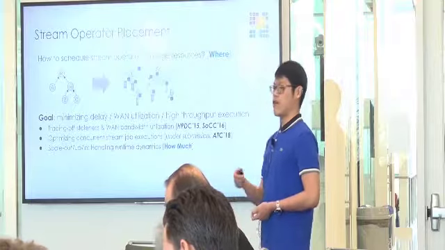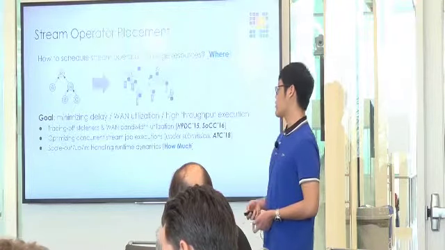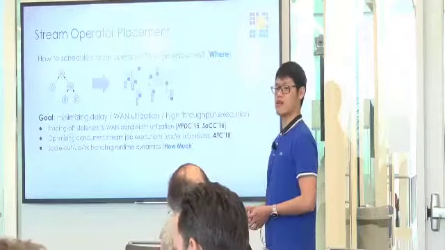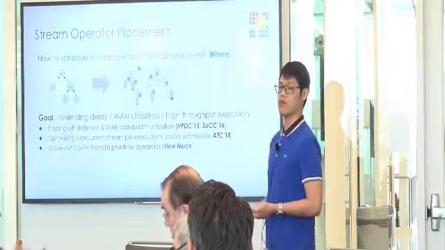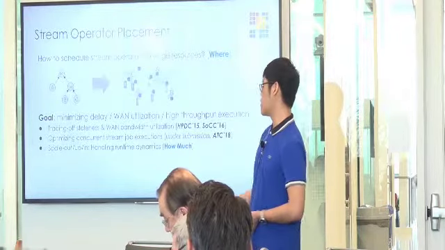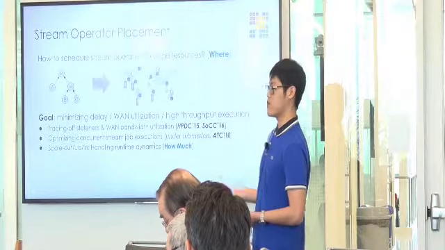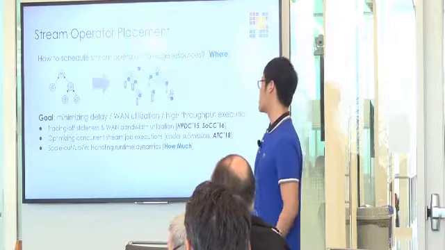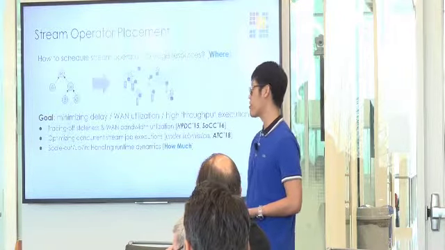In addition to achieving high performance execution, for streaming analytics we also need to handle runtime dynamics, because most streaming jobs are long running. The system should adapt to a changing environment, which may happen because of workload change, network bandwidth change, or even the occurrence of failures.